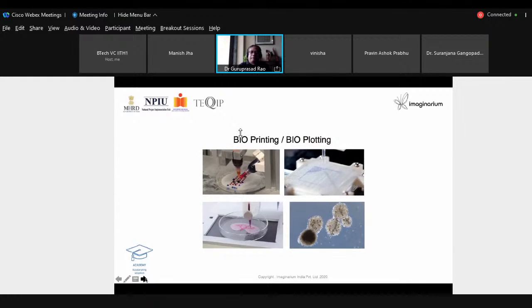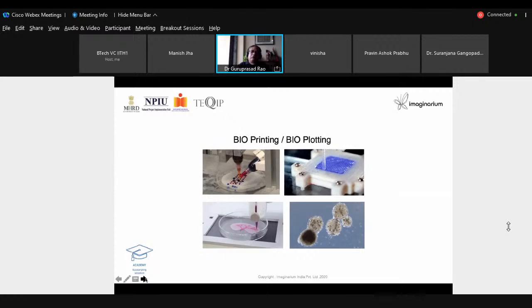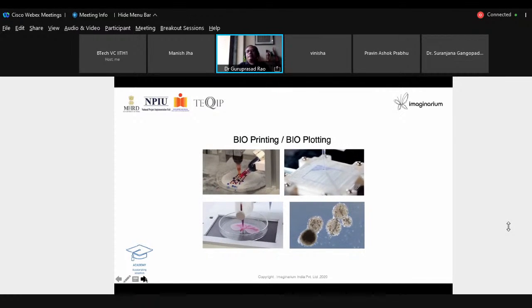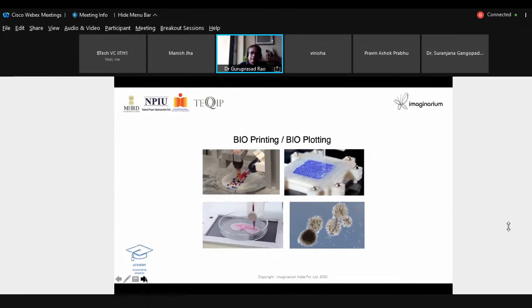And bioprinting is also there, bioplotting, bioprinting also. People have been trying to do a lot of things. We call these trying out, fake it before you make it, they say. These are not real. They're trying to build things.